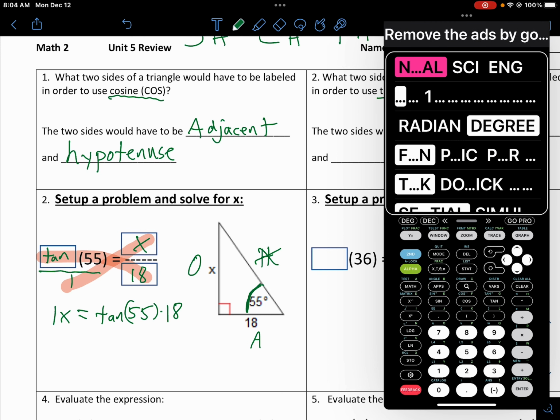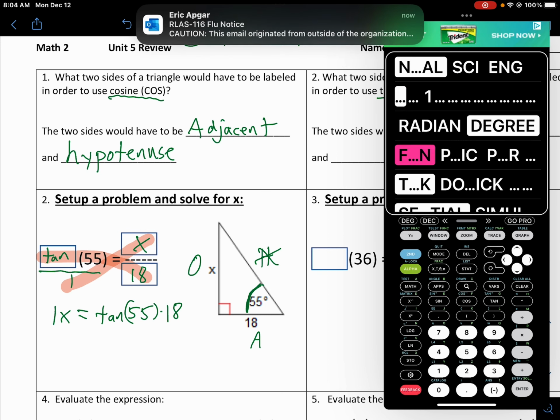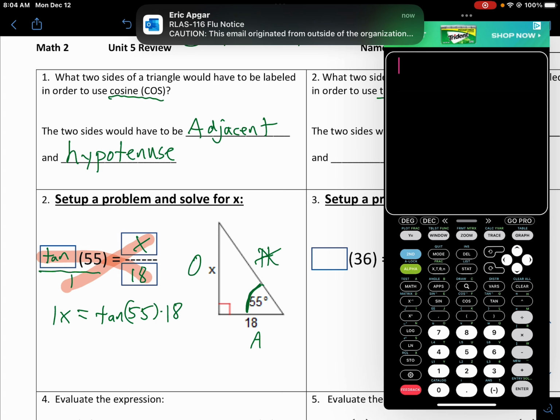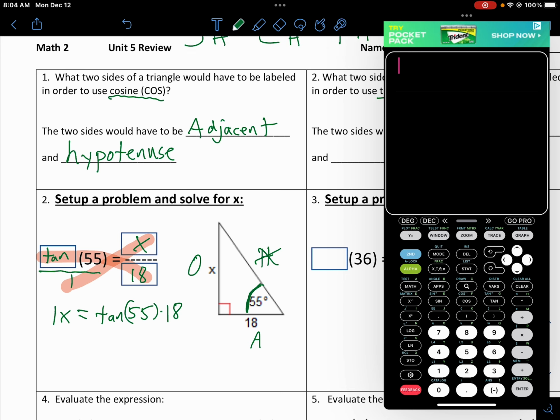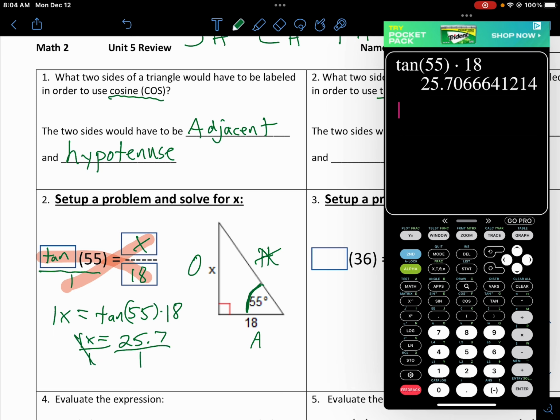Make sure my mode is good. Yep. Remember, make sure this is on degree right here. So tan 55, close parentheses, times 18, 25.7 equals 1x. And then you can divide by 1, cancels out, you still get the same thing, 25.7. All right?